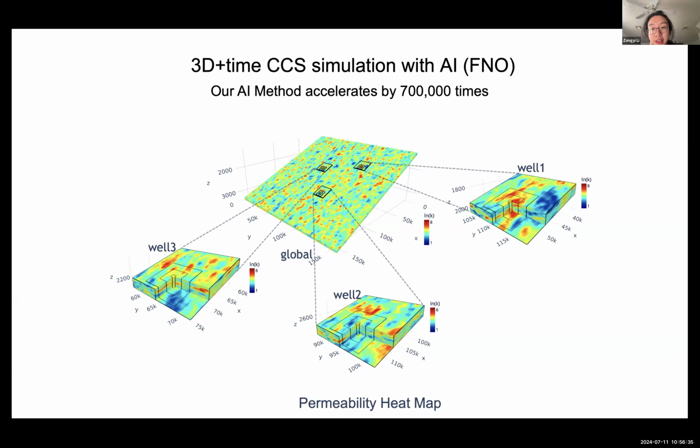So in this sense, we can accurately simulate what happens around the injection wells. But when we go to 3D, these models can be expensive and require an 80 gigabyte GPU to run. But still, it can be many times faster compared to numerical solvers. In this case, it's 700,000 times faster than a numerical solver.